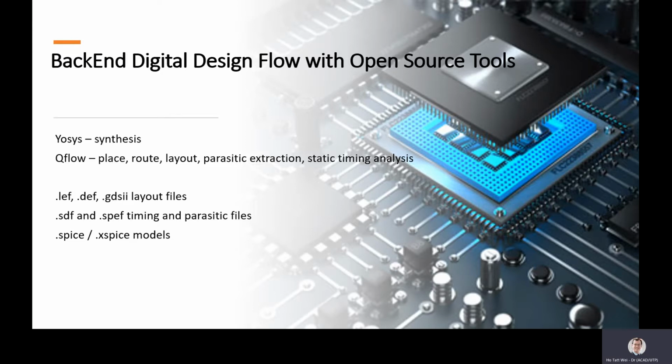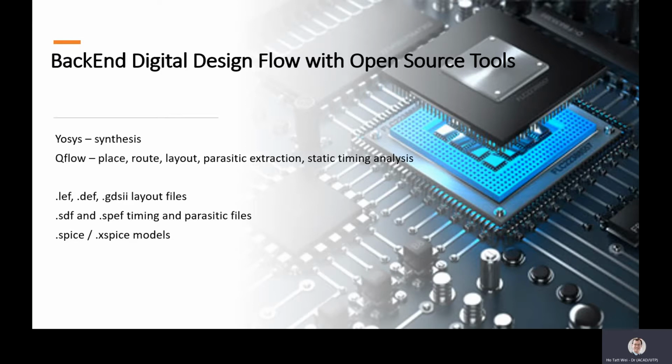I would also like to highlight to you some important output files from these open source tools, that is the .lef, .def, and GDS layout files. These are the geometry file descriptions that describe the geometrical properties, the width, length, height of the metal layers, the position of the transistors in your layout file.